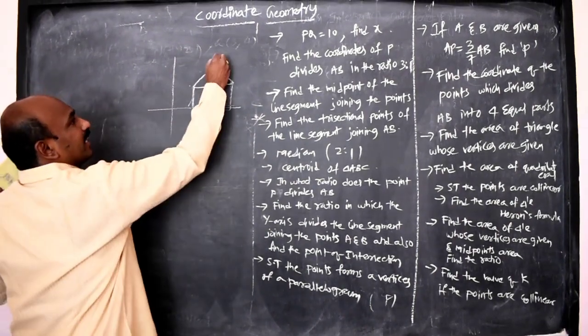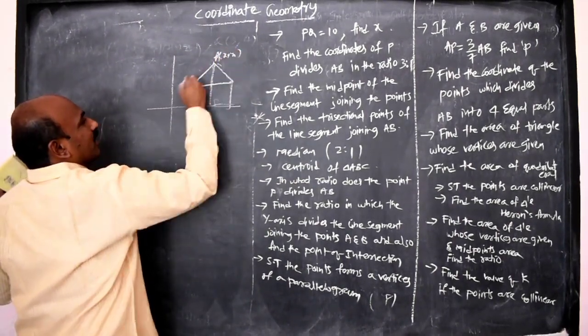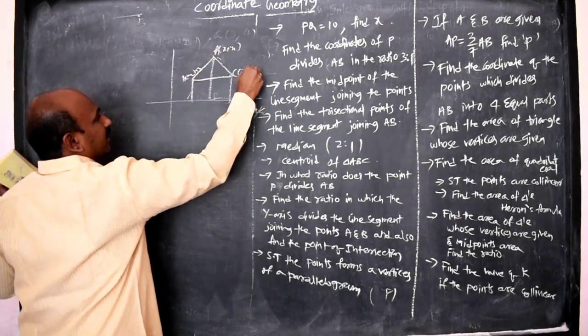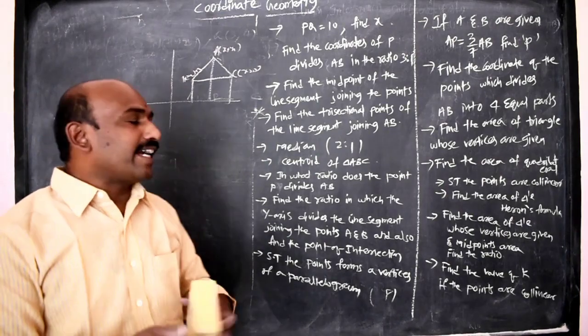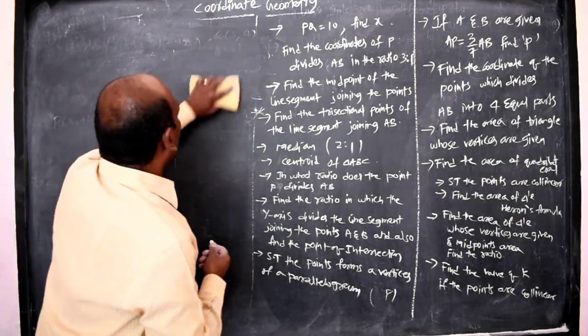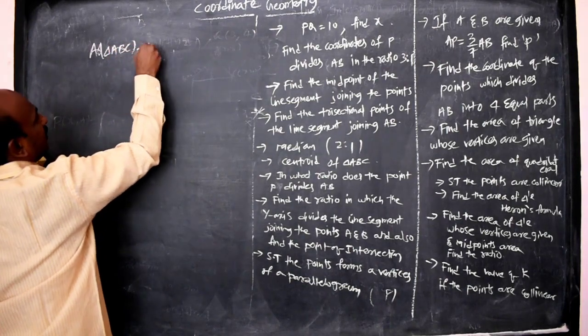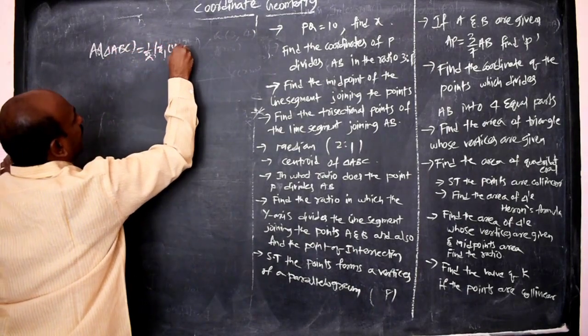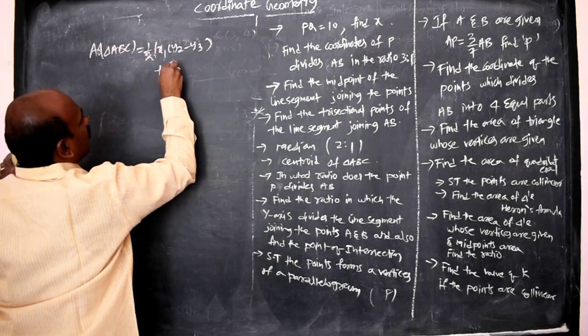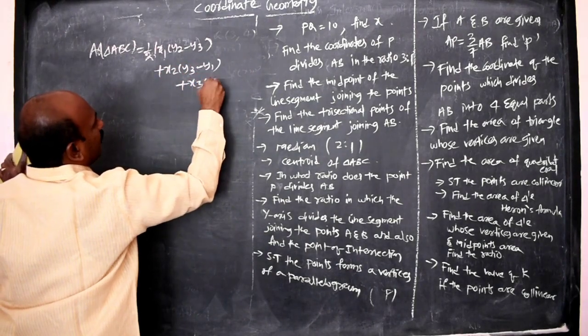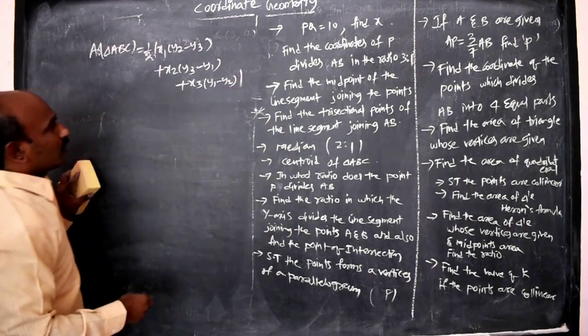Here you take vertices A(x1, y1) and B(x2, y2). Like this we can take the vertices C(x3, y3). Based on this, the area of the triangle with these vertices is half mod of x1 into (y2 minus y3) plus x2 into (y3 minus y1) plus x3 into (y1 minus y2). This is the area in square units.